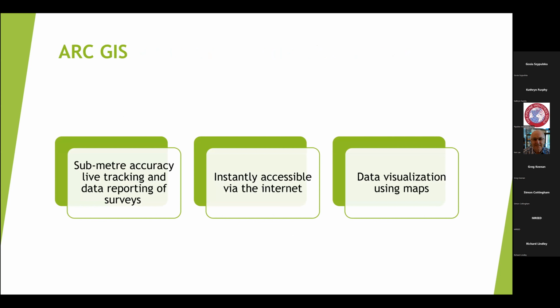And the ArcGIS system I mentioned that's used on the surveys is a marvelous thing because it gives sub-meter accuracy and allows live tracking and data reporting of the surveys. So you as the client can look at any time and see where the monitoring team is and what they're doing. And you can immediately click on the map, which is an excellent visualization, and you can see what results they're getting. So it's a very good way of tracking people.